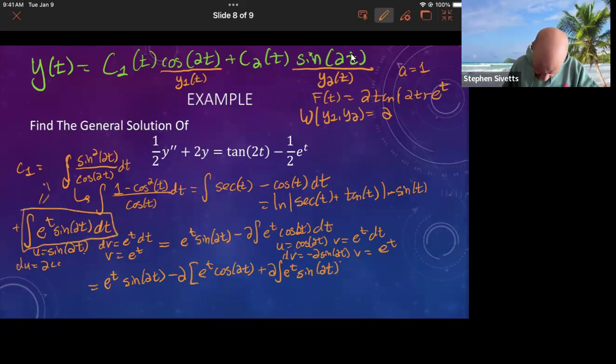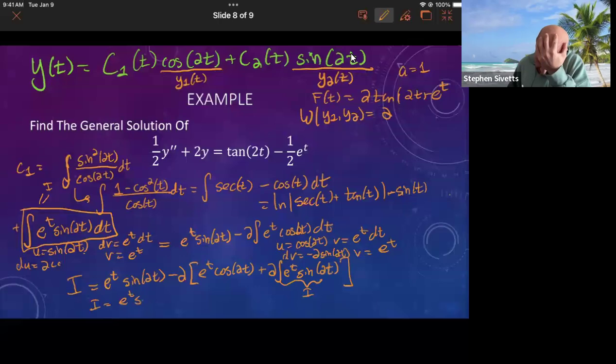So if I call this I, this here is equal to I. And so I is equal to e to the t sine of 2t minus 2 times e to the t cosine 2t minus 4 times I. It's multiplied by 2, so that is minus 4I.